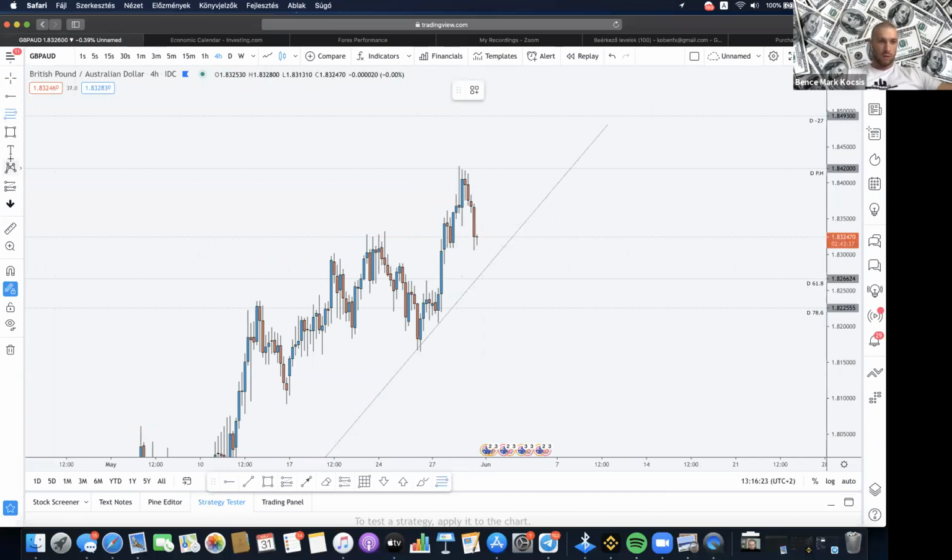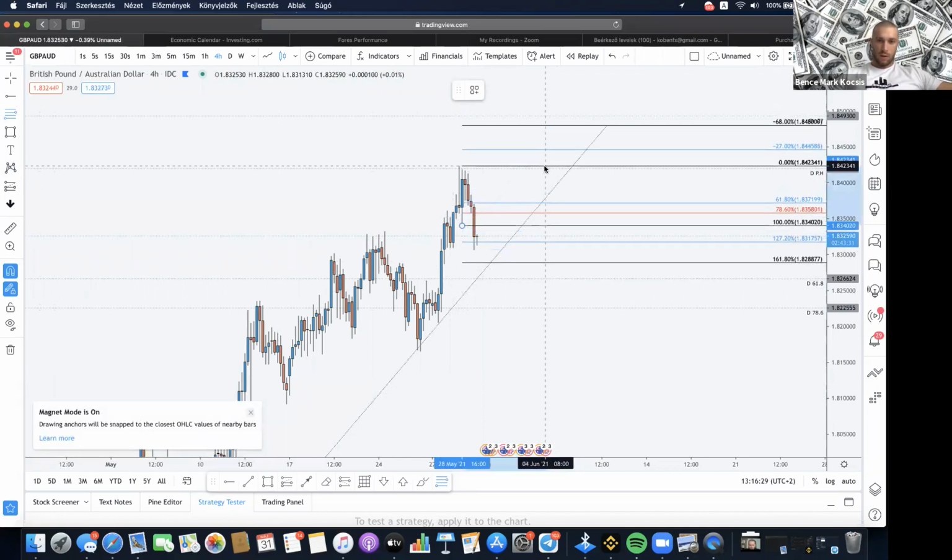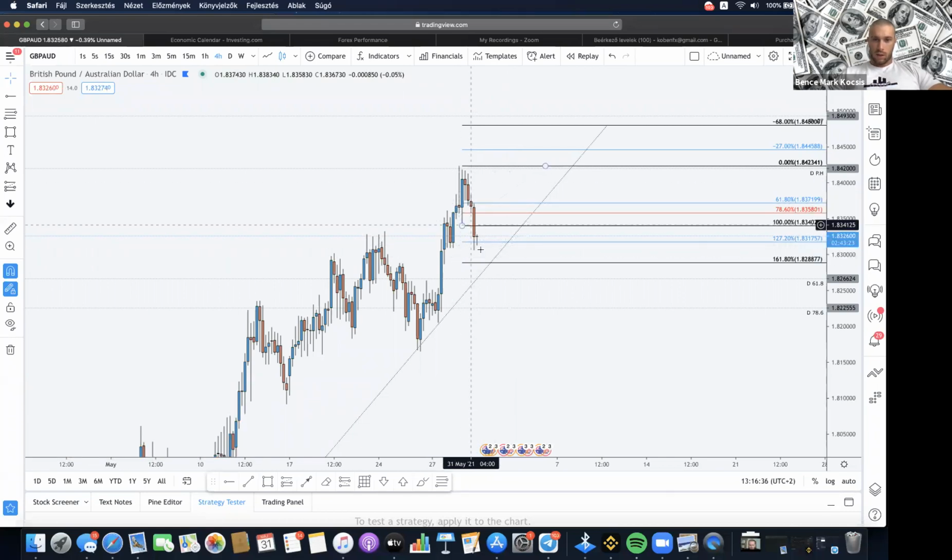Let's have a look at the first Fibo, which we can place from the last. So you can see the price basically came back to the 127 and took out the liquidity. I think from this point possibly it will make some pullback to the upside, and after it still continue lower.